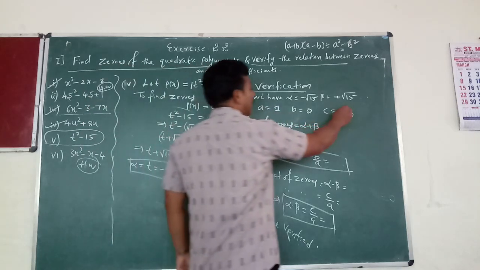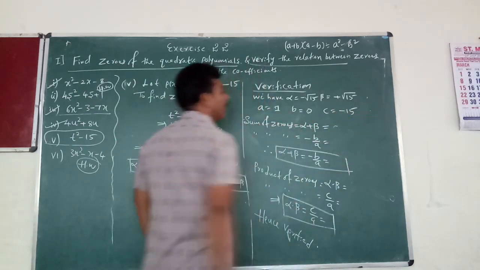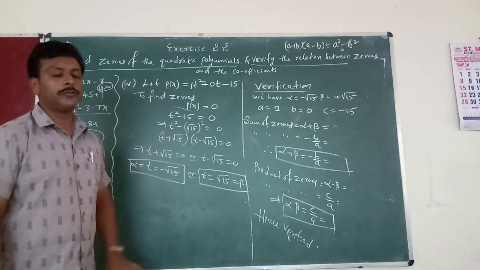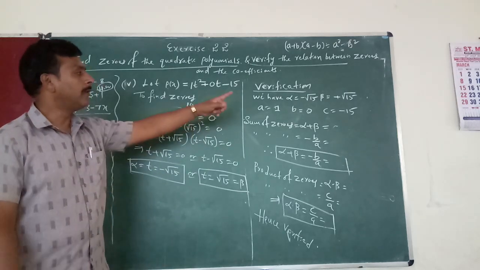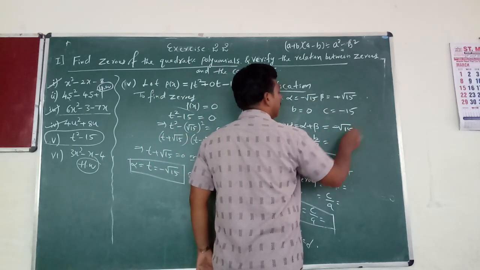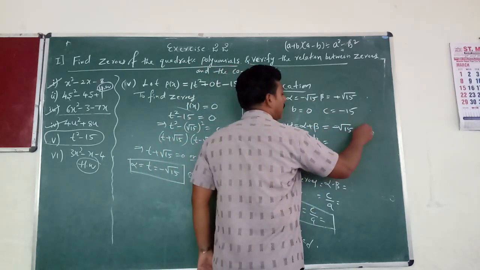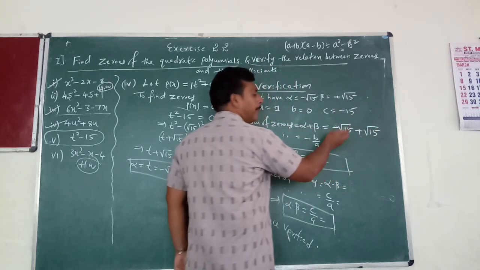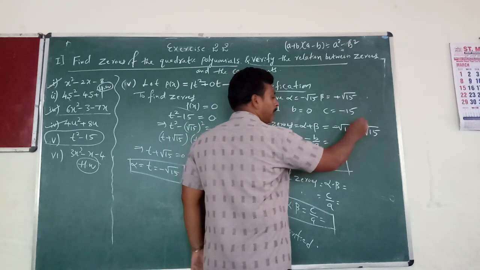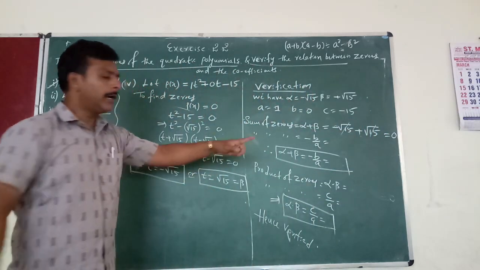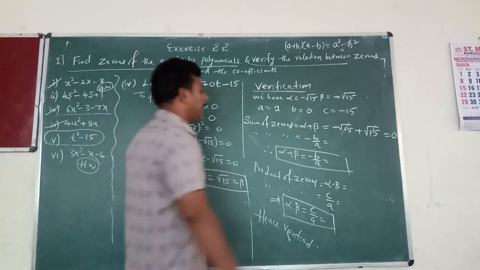Sign is minus, so minus 15. So everything we got. Sum of the zeros means alpha plus beta. Alpha value is minus root 15 plus beta value is root 15. Plus root 15 and minus root 15 cancel. What will you get? 0. According to the coefficient formula, what will you get?